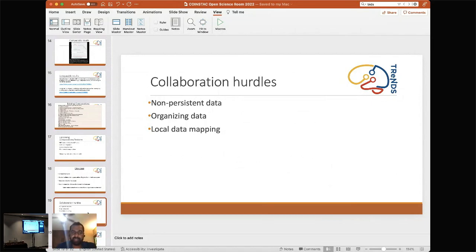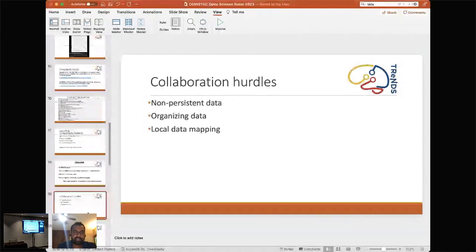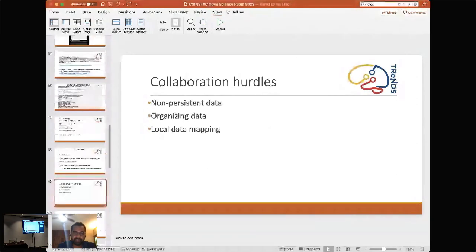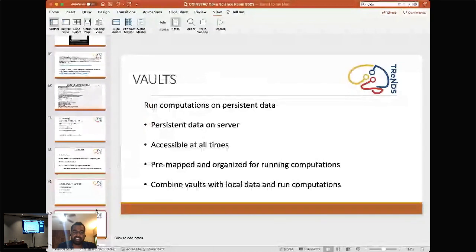And the data is already pre-mapped to work with the COINSTAC computations and organized, and it's accessible at all times. And users are able to use their local data. Let's say they have only 100 data points, but they want to do a bigger study with, say, the Human Connectome Project or different things. We have some vaults available on COINSTAC, and they can combine their local data with our vault and run the computations for a bigger study.